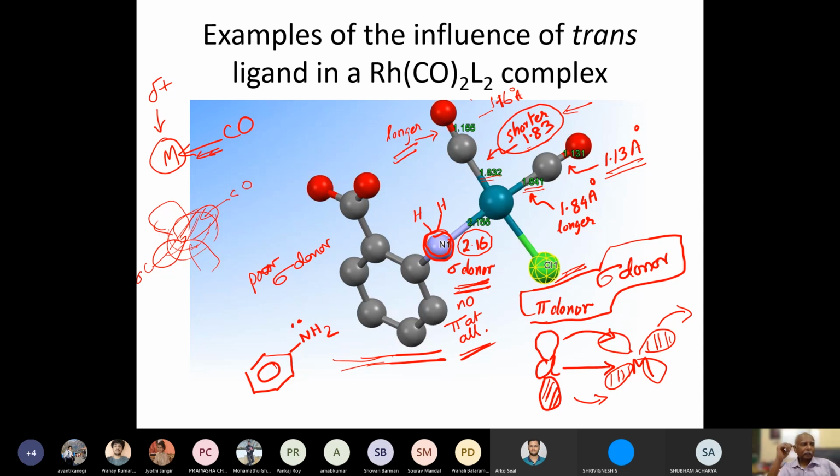Is that clear? If I weaken one bond and strengthen something else, that's not going to help too much. If I find the optimum distance where all the metal ligand bonds are strengthened and the maximum bond energy is achieved, that is the ideal situation.